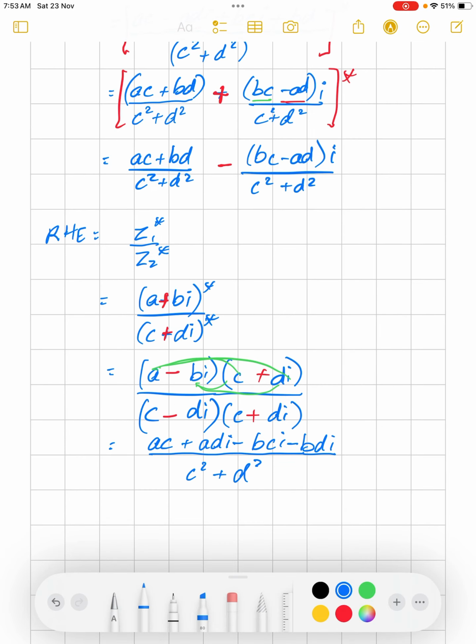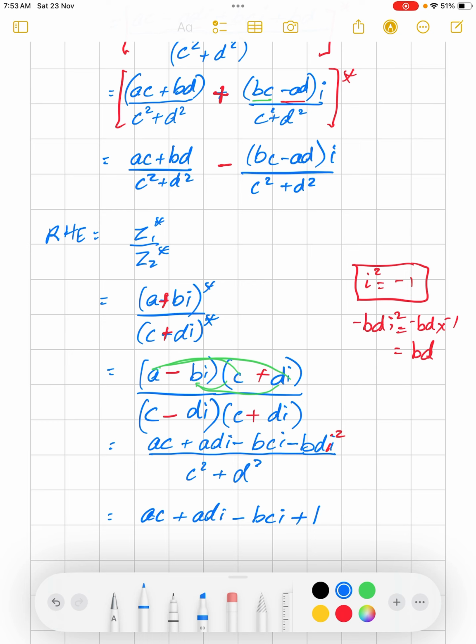Well, this was wrong here. BI times DI is BDI squared. Now I squared is -1, so we've got a minus BDI squared. That's a minus BD times -1, which becomes plus BD. So let's change that numerator: AC plus ADI minus BCI, change that to a plus BD.